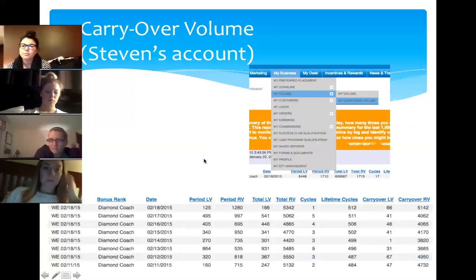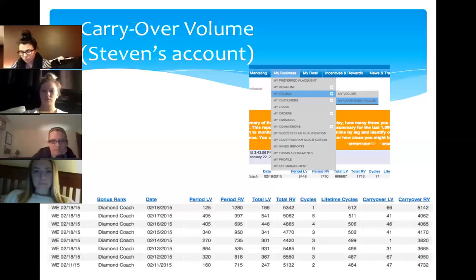Okay. Carryover volume. This is a question somebody had, and Steven will kind of explain this one because I actually had no idea what it was till fairly recently. Yeah, so this has been kind of a focus. I've been reading up quite a bit on different groups.